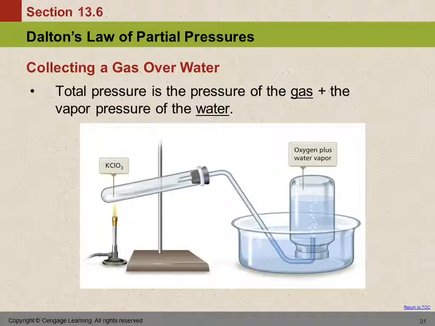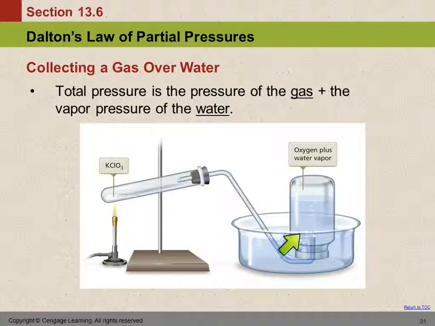One of the reasons that we need to learn about Dalton's law of partial pressures is because of a common technique for collecting gases. And we're going to do this in lab, I think on Friday. Yeah, we're going to generate some hydrogen gas. And in order to collect the gas, if you don't have some really fancy equipment, you use water as a tool, basically.